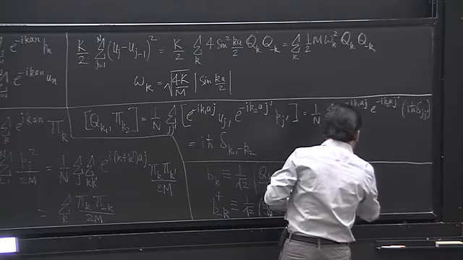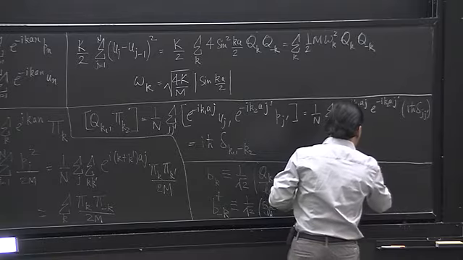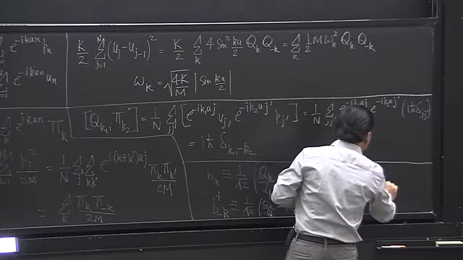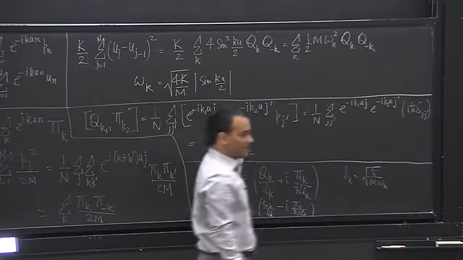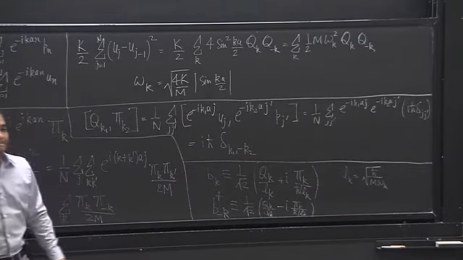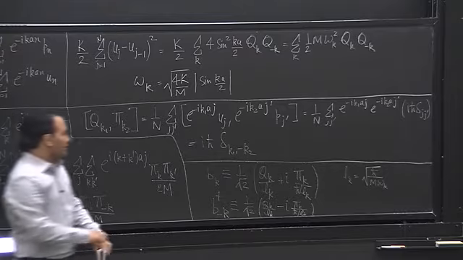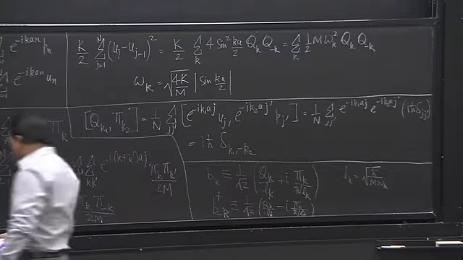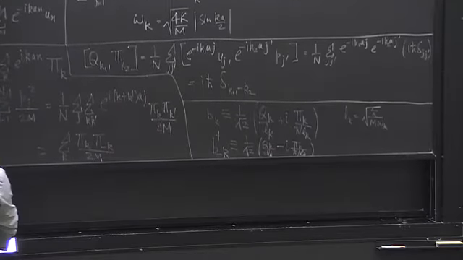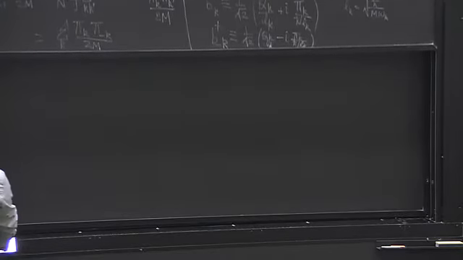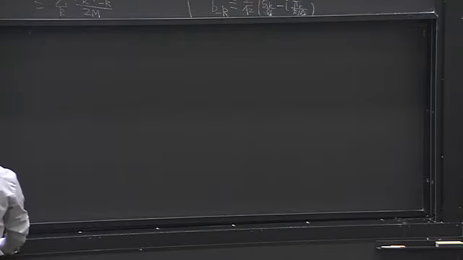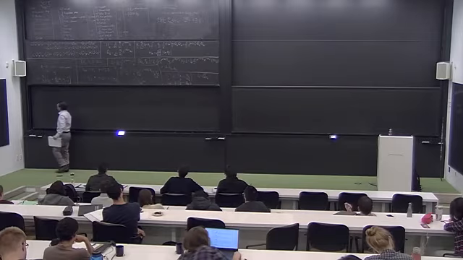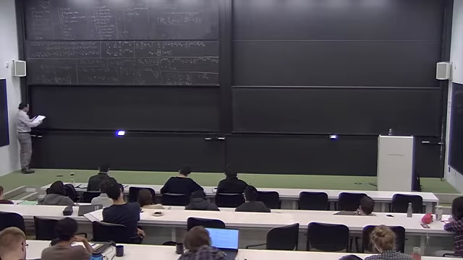where l_k is some length, which for each k is given by the usual frequency of the simple harmonic oscillator. So we'll see what this definition gives us.